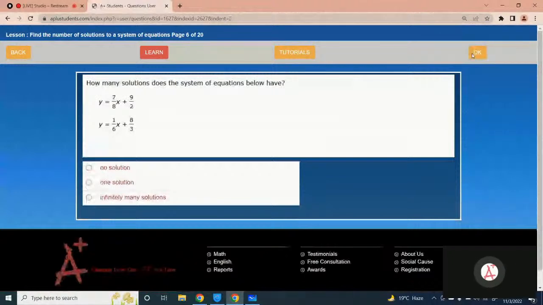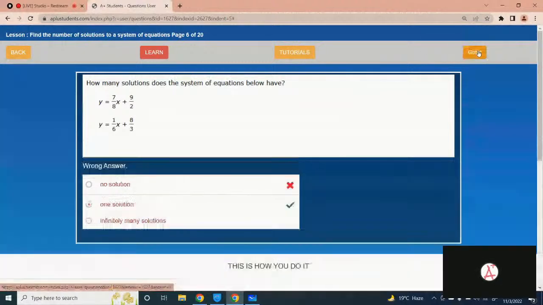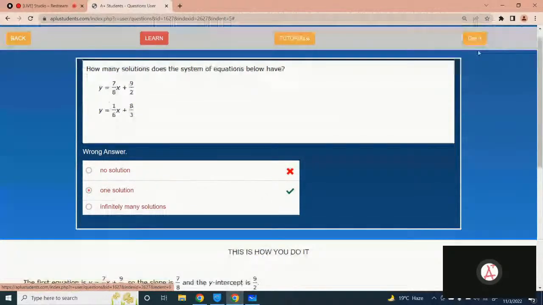Okay, so both of them have different m and different b. Oh, they have different m.